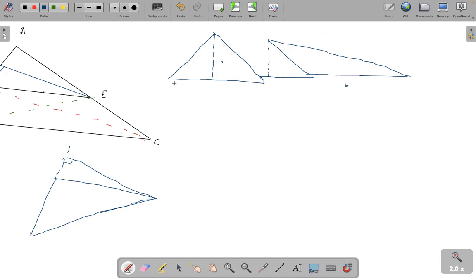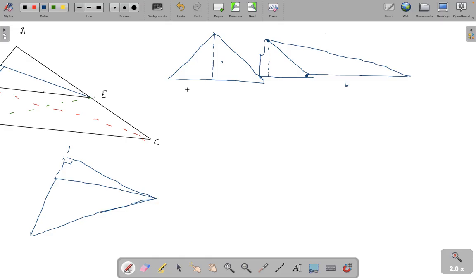But if that side is not part of the triangle, then how can we say it is the height of it? So see, height means the distance from one end to the other, right? You are measuring the perpendicular distance between these two points. So what is height?